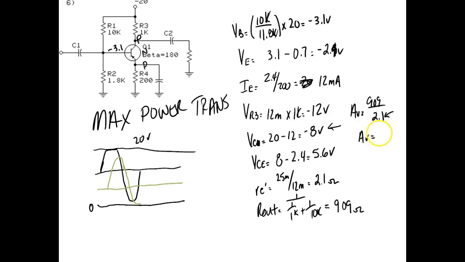What's that? So we'd drop this by a factor of 10. If we didn't bypass it, we'd use RE, so it'd be 200 instead of 2.1. And what's the dB? Give me the dB and we'll take a break.